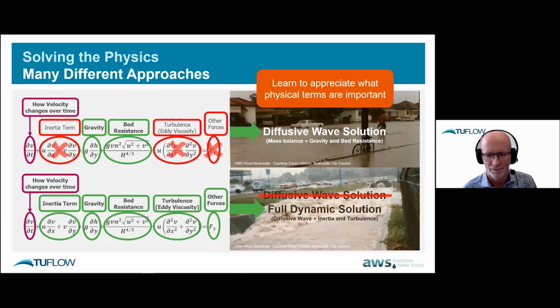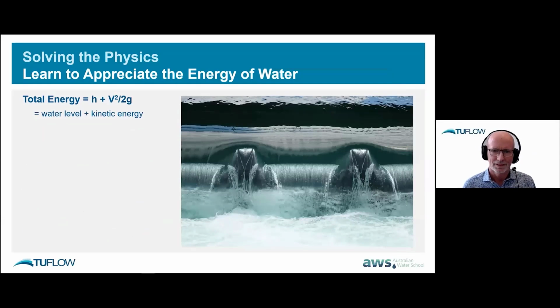So the one thing I've really emphasized over the years is it's important to appreciate what physical terms are important and where and when they're important. The other thing to learn is to understand the energy of water. So I'm talking about the kinetic energy component, the V squared on 2g. I like this little photo to demonstrate that.